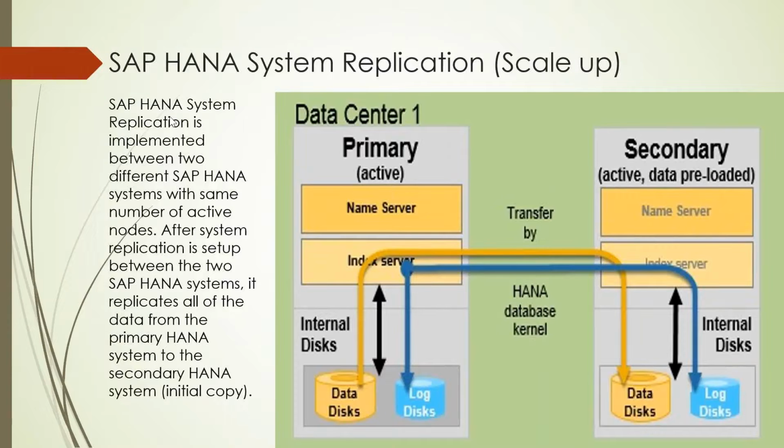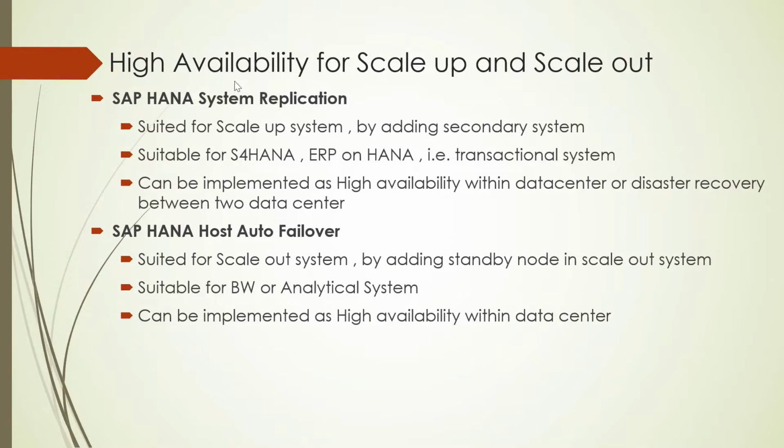Then HANA system replication: if you see the high level diagram, you have the data centers, the primary HANA system, and then the secondary HANA system. Your data and logs are continuously shipped to the secondary system through the HANA database kernel. Here people ask interview questions. What is scale up and scale out?